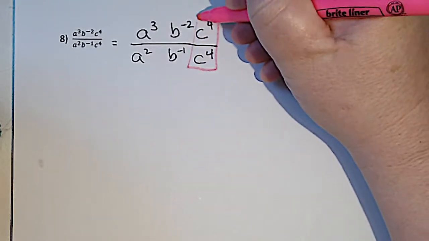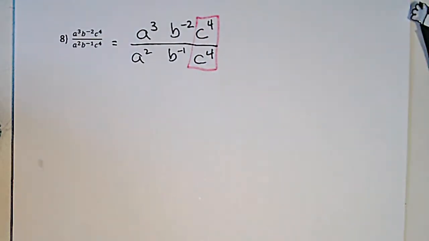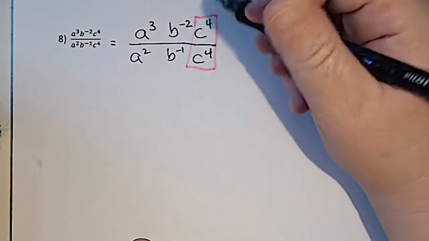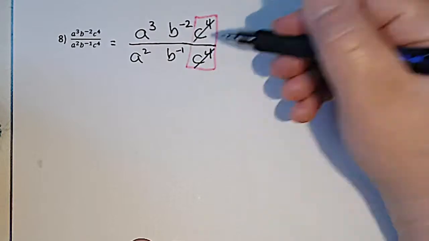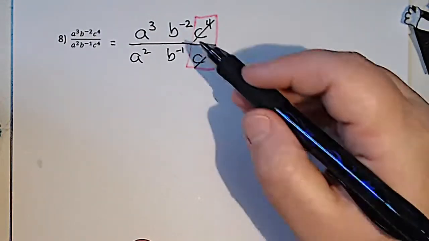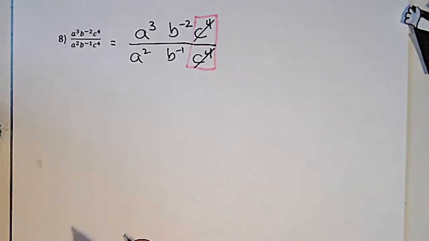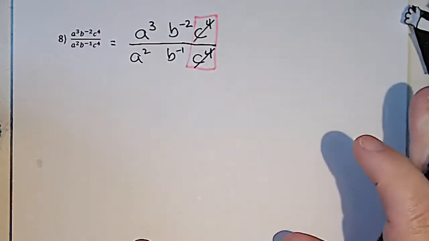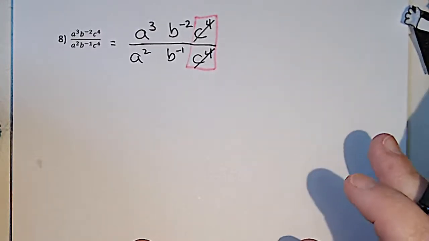Oh, this is almost dried out, but the C's match. If something matches exactly top and bottom, you can cancel them. There's no reason to do anything else. If they match exactly, C to the fourth, C to the fourth. Now be very careful. If the signs are different, if this is like +4 and -4, you cannot do it. It's only if they match exactly.